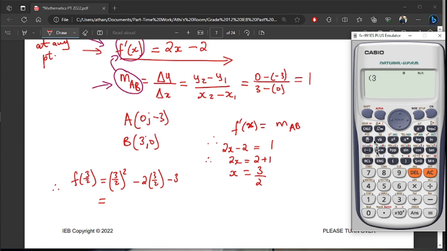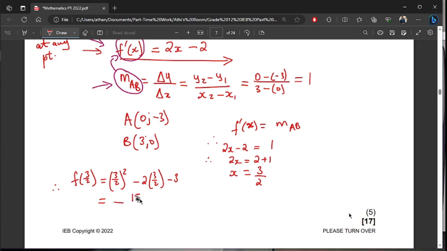So it's 3/2 to the power of 2 minus 2 bracket 3/2, and then minus 3 at the end. The value of y is negative 15/4. Therefore, the coordinates now of that point, of that tangent, will be 3/2, negative 15/4.